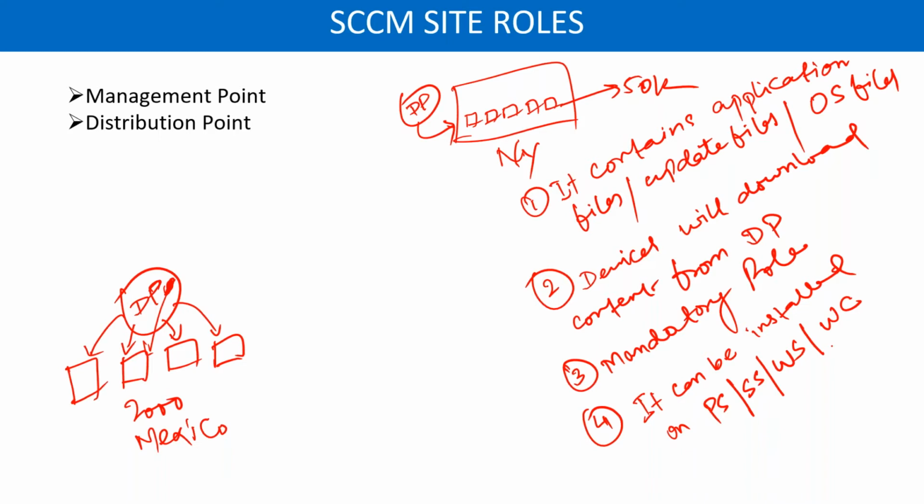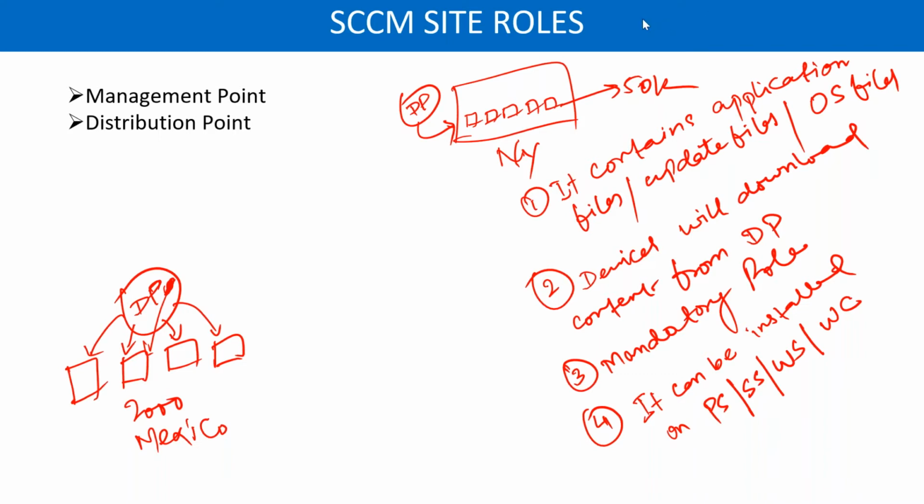All clear, everyone? Any question on this distribution point? Kashif: Just wanted to ask, as you told, the distribution point generally provides the update files and application files and whatever stuff is required by the client.